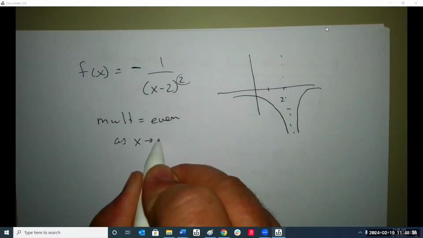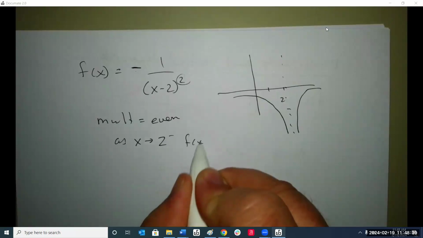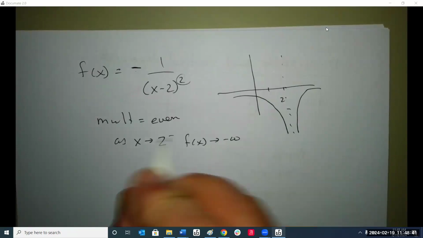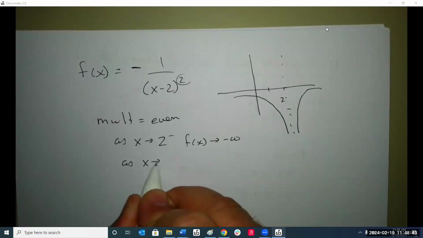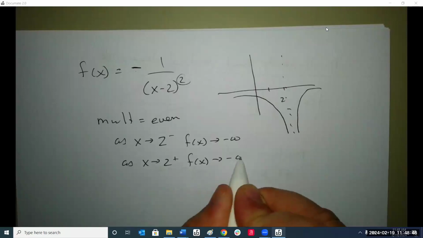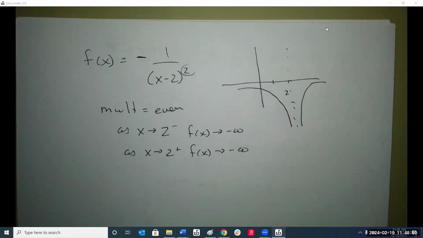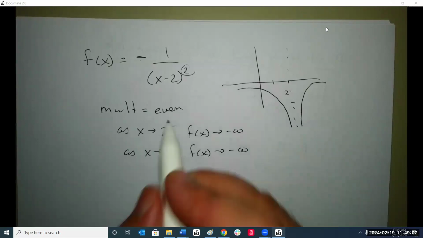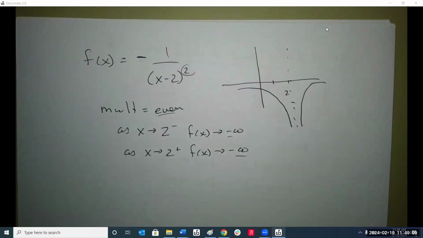As x approaches 2 from the left, f of x approaches negative infinity. As x approaches 2 from the right, the same. So what you see here with odd multiplicities, the function approaches two separate directions. If it's even, they approach the same direction, same value.